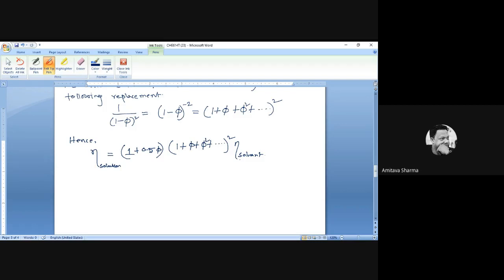So now multiplying both the terms, 1 plus 2.5 phi plus 4 phi square.